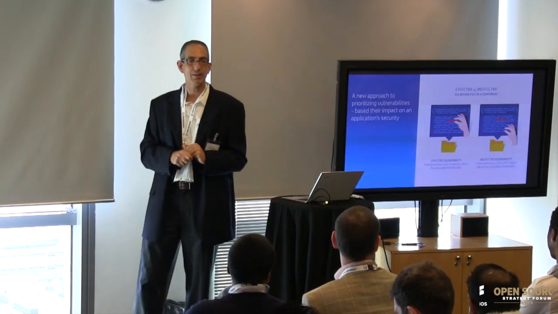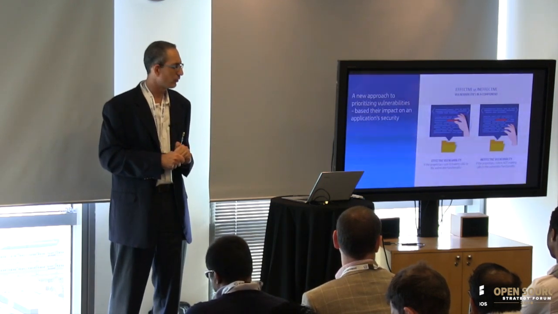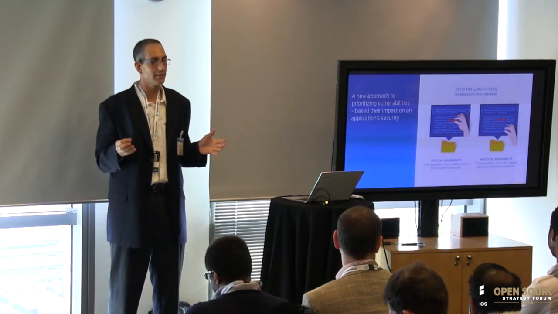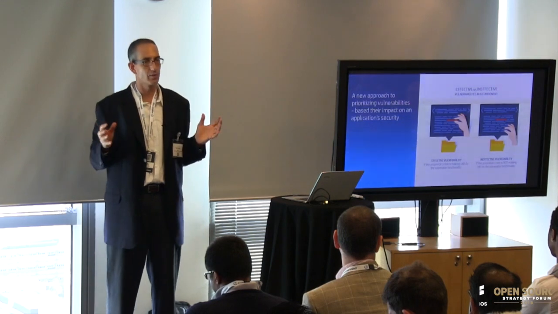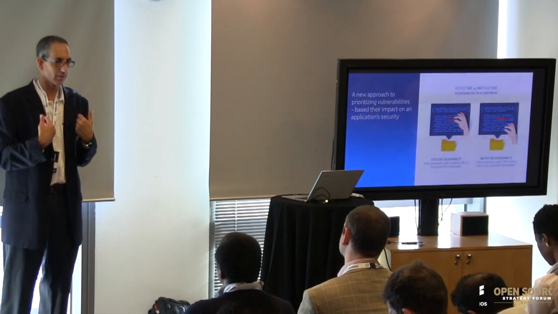The really important aspect of prioritization, and this is a very new technology in the industry, is to understand which of these dozens or hundreds of vulnerabilities really impact my applications.